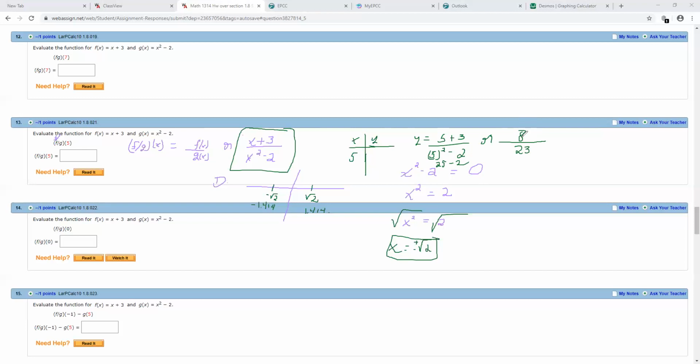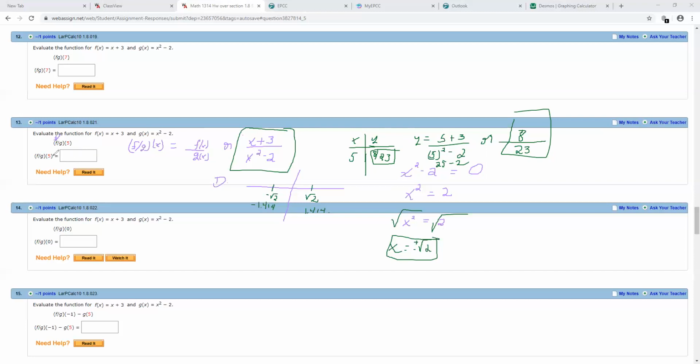And 8, you can break down 8 as like a 2, but 2 doesn't go into 23, so therefore this is already reduced. And we would put here 8 divided by 23. This would be the exact form unless they ask us to round it to the nearest 10th or 2 decimal places, whatever, but they don't say anything.